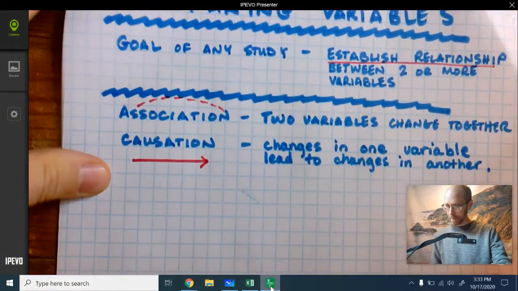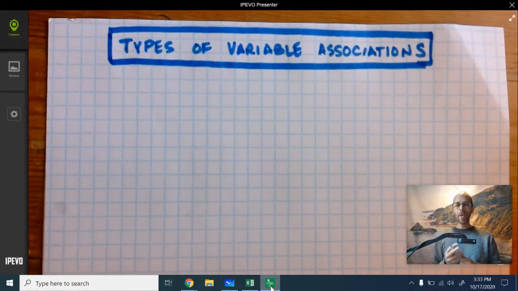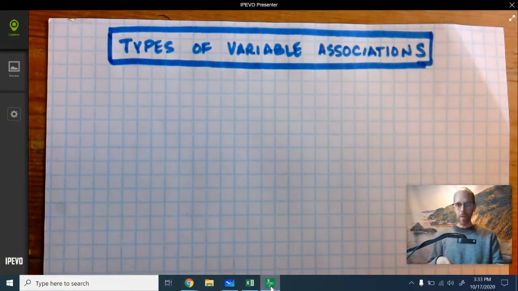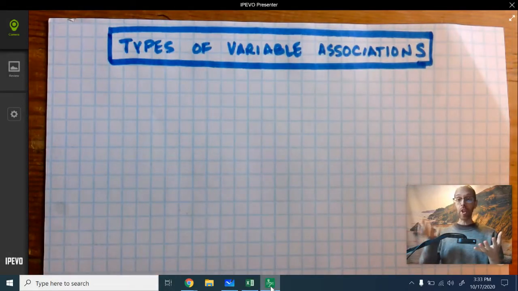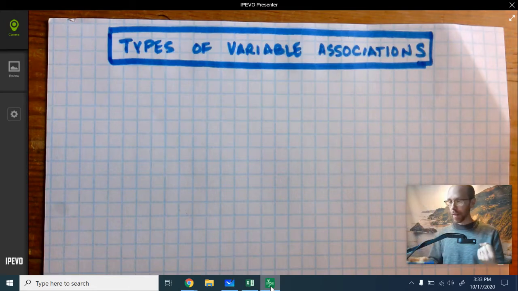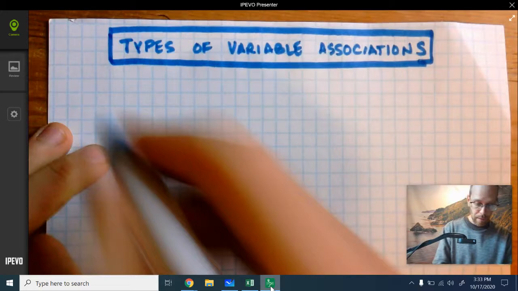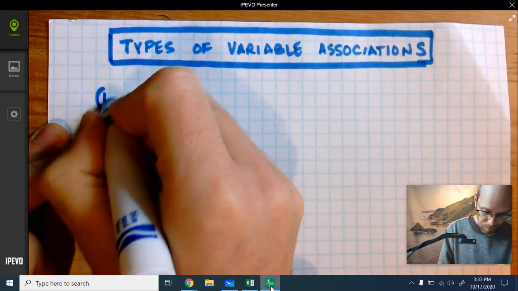With that in mind, when you have two variables and they are associated, changes in one move along with changes in the other, there's really three different things that can be going on. So I'm going to give you three examples of studies.